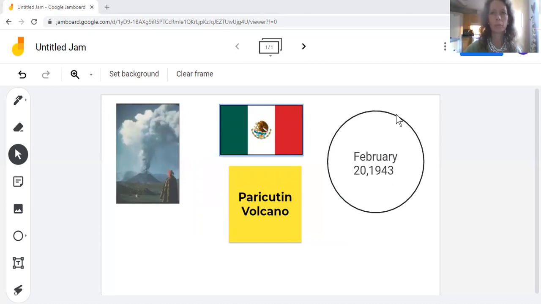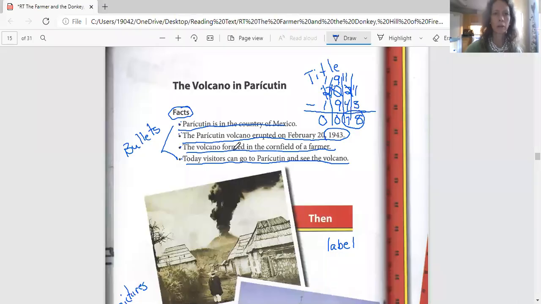Volcano erupted. It's in the country of Mexico. We got that. It erupted on February 20th, 1943. We got that. Volcano formed in the cornfield of a farmer. Let's do something with that. Let's get a picture of a cornfield.